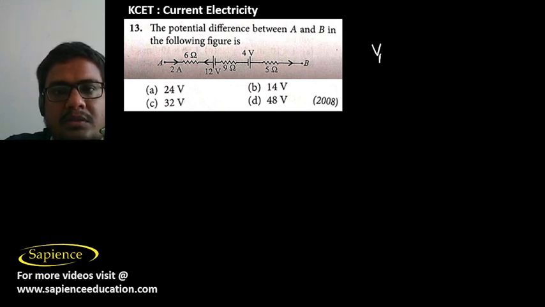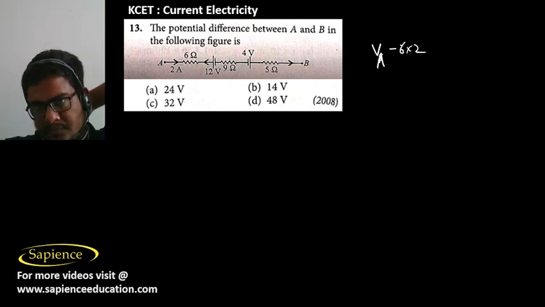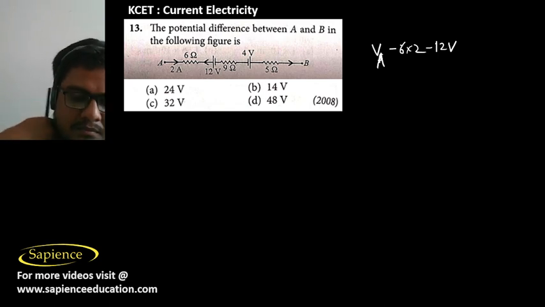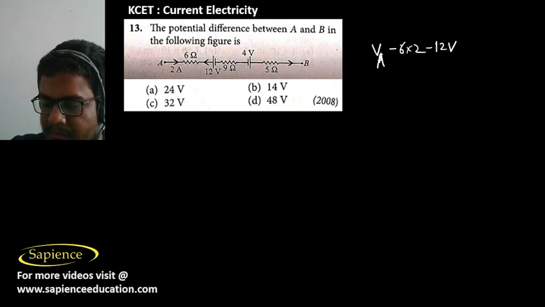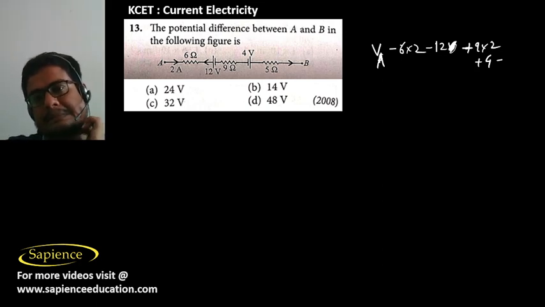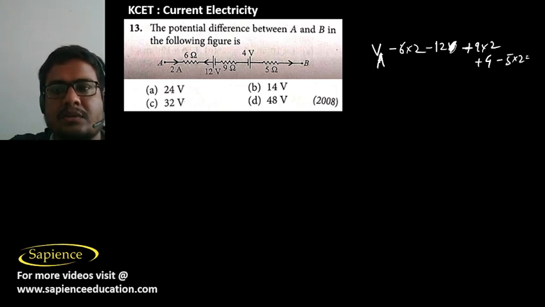So if we apply the KVL, which is the loop rule, it is VA minus 6 into 2 is IR, then minus 12 volt, minus 12 volts, then this will be plus 9 into 2, then plus 4 minus 5 into 2, that is equal to VB.